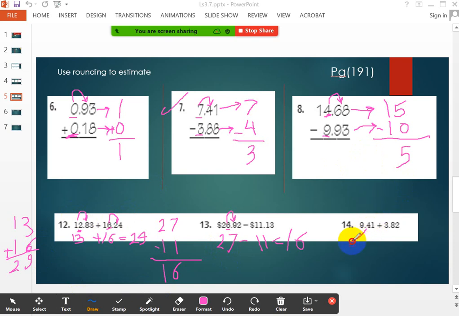First thing, I want to round 9.41 hundredths. It will be what? 9 will still be 9 because 4 is less than 5. Very good. 3 will be 4 because 8 is bigger than 5. Excellent. That means this number becomes 9, as Mace said, because before 9 I have 4.